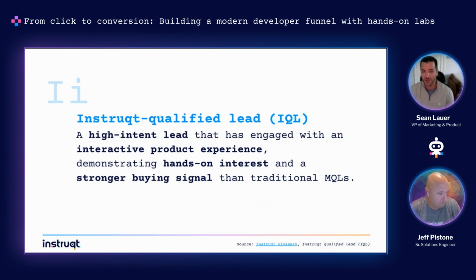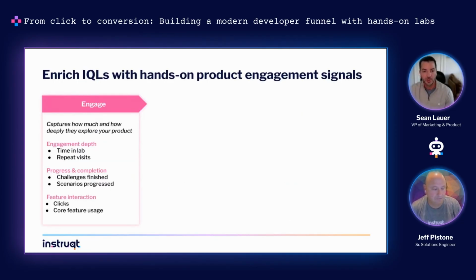We have some customers who are categorizing leads as Instruqt-qualified today. So it is something that we've seen out there in the market, that the leads coming through Instruqt are actually higher intent and need to be categorized separately. So we can bucket the signals that really drive the IQLs, the Instruqt-qualified leads, into three core buckets.